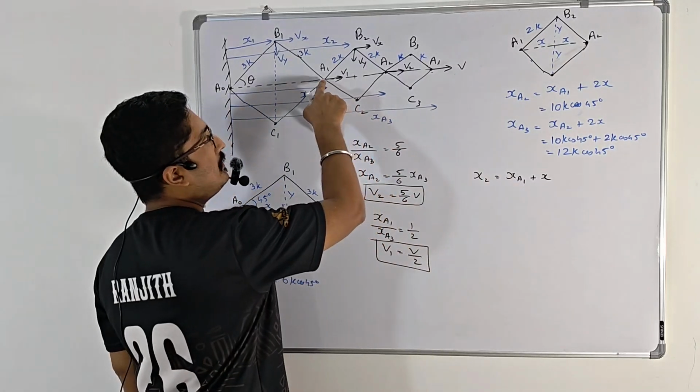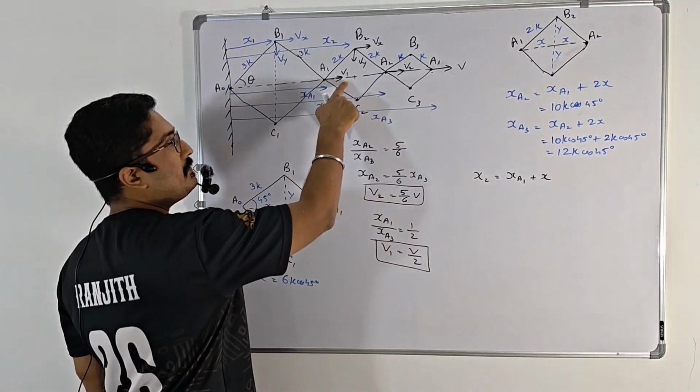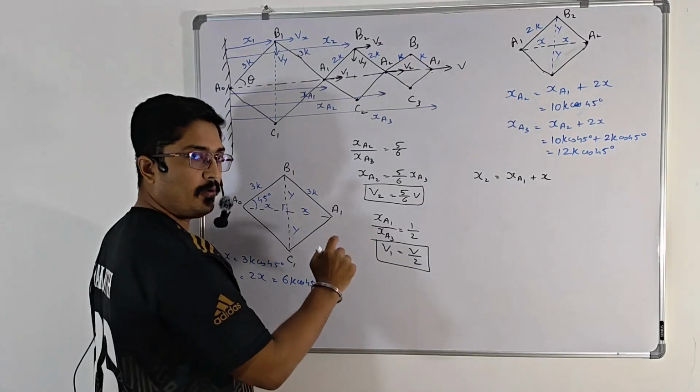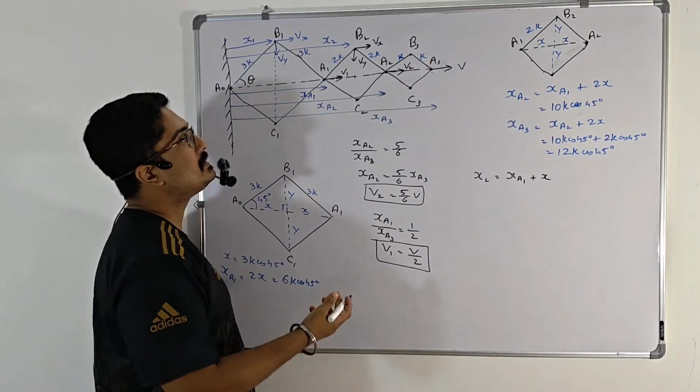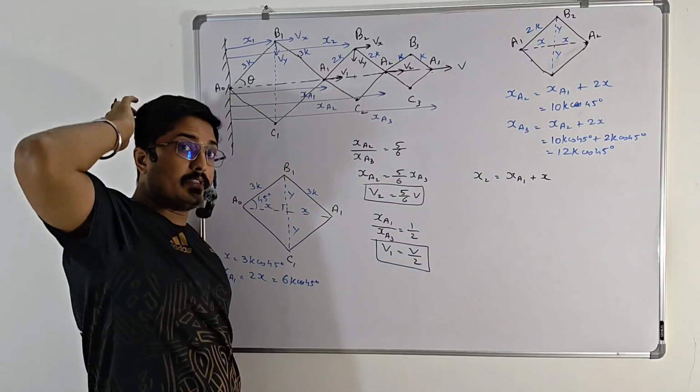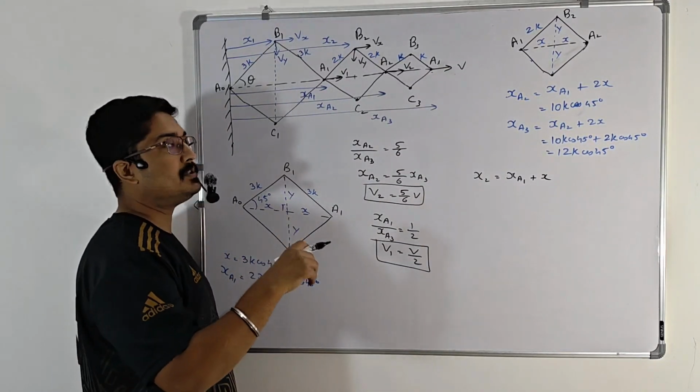Differentiation of XA1, that is the position of A1, will give me the velocity of A1, which is V1. V1 I already found out, no problem. Now what about X? If I differentiate X, the problem is that it is the velocity of nothing. It's actually a relative velocity, because it's a relative position.